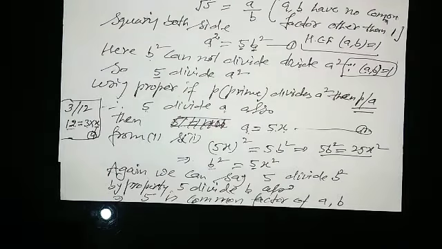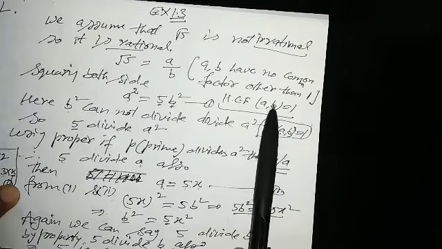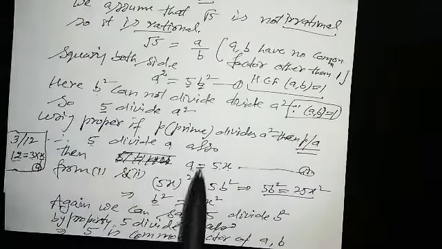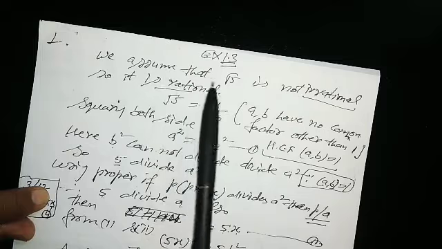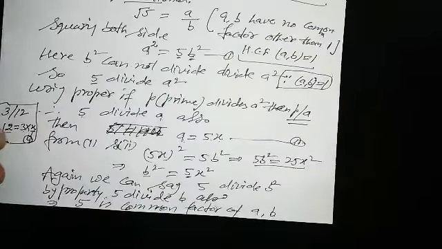So 5 is a common factor of a and b, but we have clearly said that a and b have nothing common other than 1. So what was our supposition? That root 5 is not irrational. That is wrong.